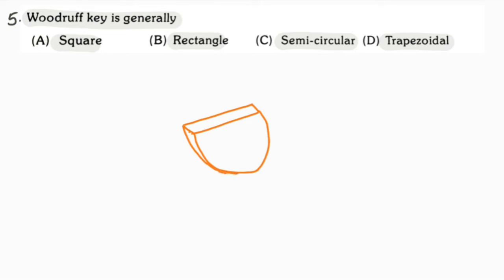This is the geometric shape of the Woodruff key, roughly drawn. How does it look? It looks semicircular. Therefore, the Woodruff key is a semicircular key. I hope you got my point.